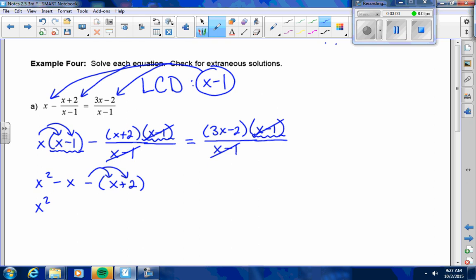So I bring down the x squared minus x, minus x, because I'm distributing the minus sign, minus 2. That is a very important step. If you don't get that negative sign distributed throughout, then the entire thing is going to be wrong. Okay? Equals, now I have left 3x minus 2. So I bring that down, equals 3x minus 2.